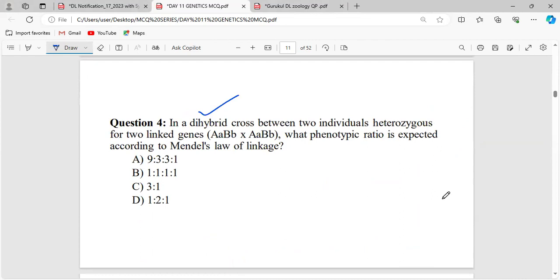And the same thing in a dihybrid cross between two individuals heterozygous for linked genes. For two linked genes, what phenotypic ratio is expected according to Mendel's law of linkage? Here they are asking in connection with linkage.